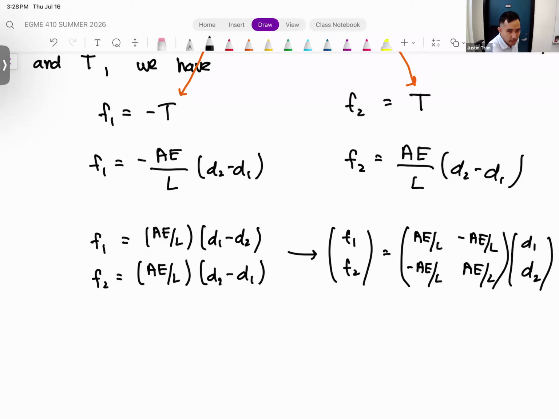Every single D1, D2 has a coefficient of AE over L, just some are positive and some are negative.